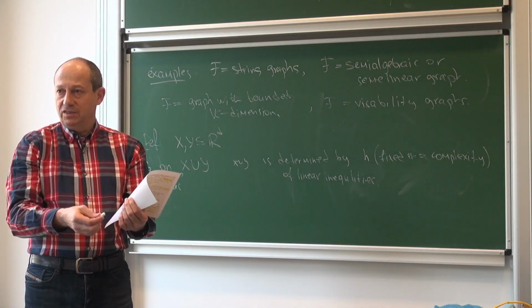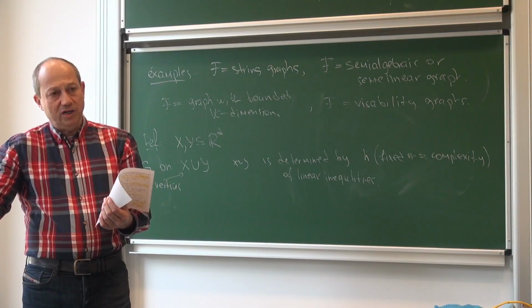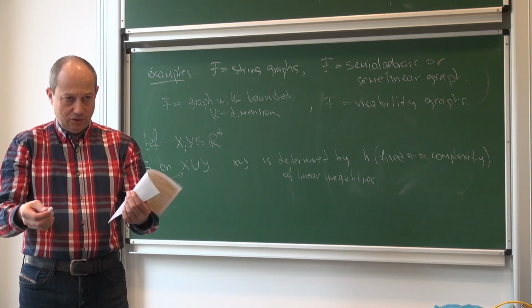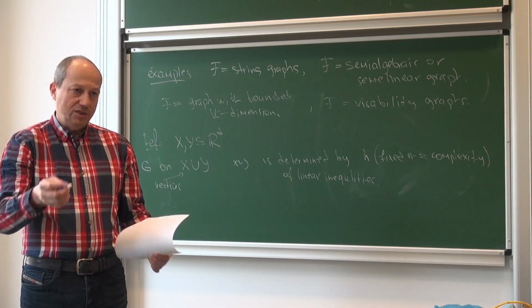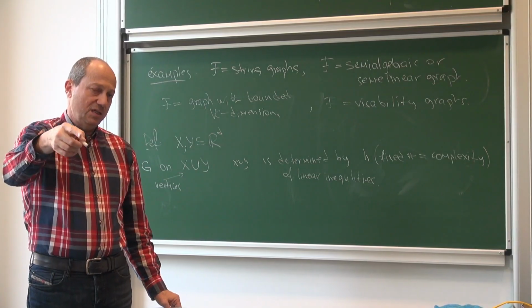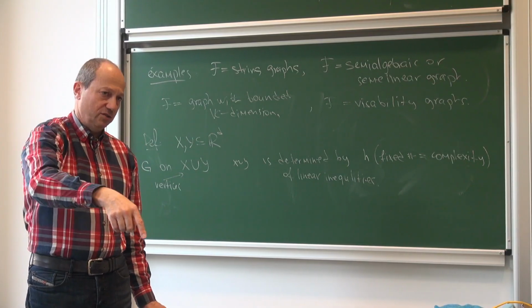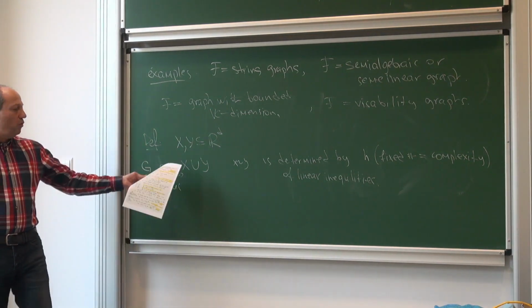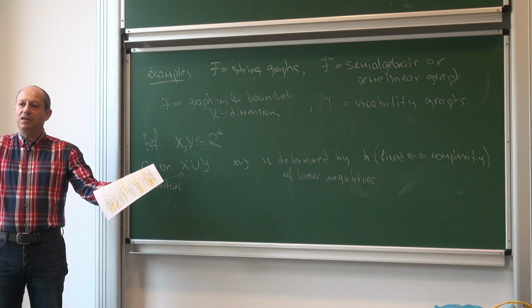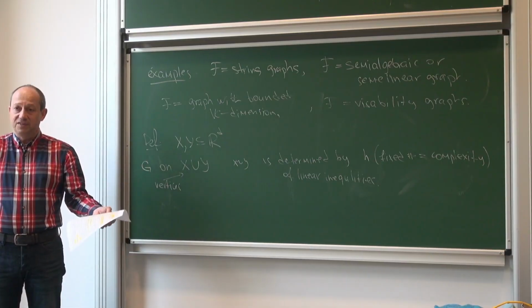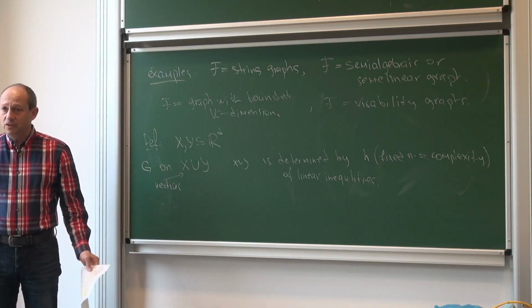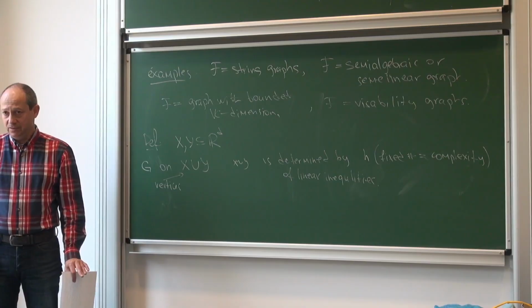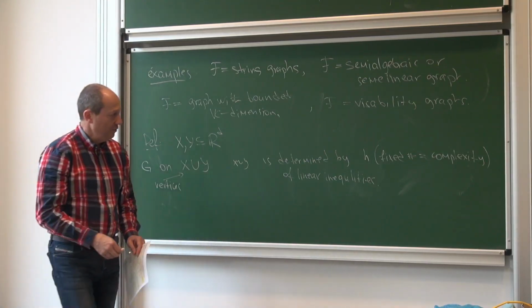So some inequality I want to be bigger or equal, some inequality I want smaller or equal. So you give me h inequalities, you tell me the first inequality is less or equal, the second bigger or equal, the third is again less or equal, and so on. Then if I want to know what are the edges, you take point x, you take point y, and you put them inside. If the inequalities are satisfied exactly the way you want, you put an edge, and otherwise you don't. Is this clear?